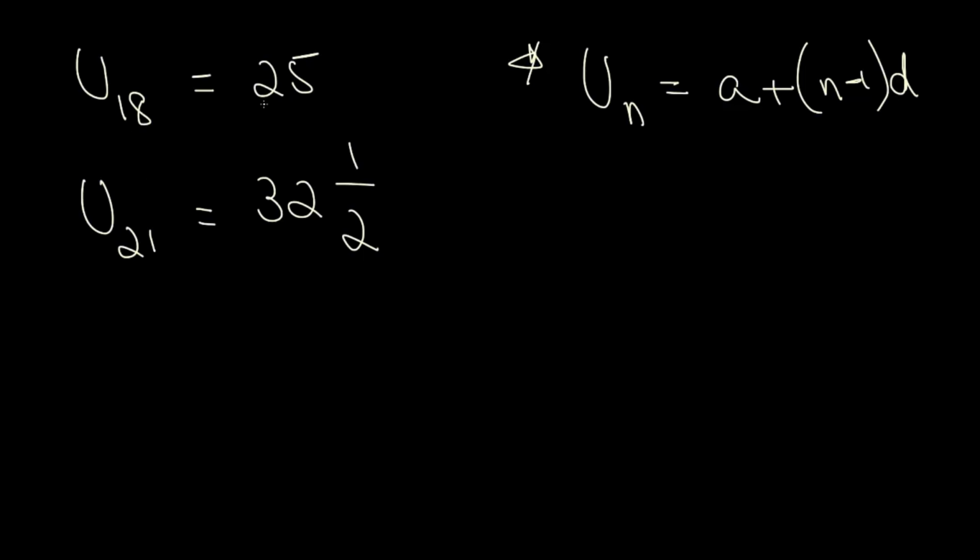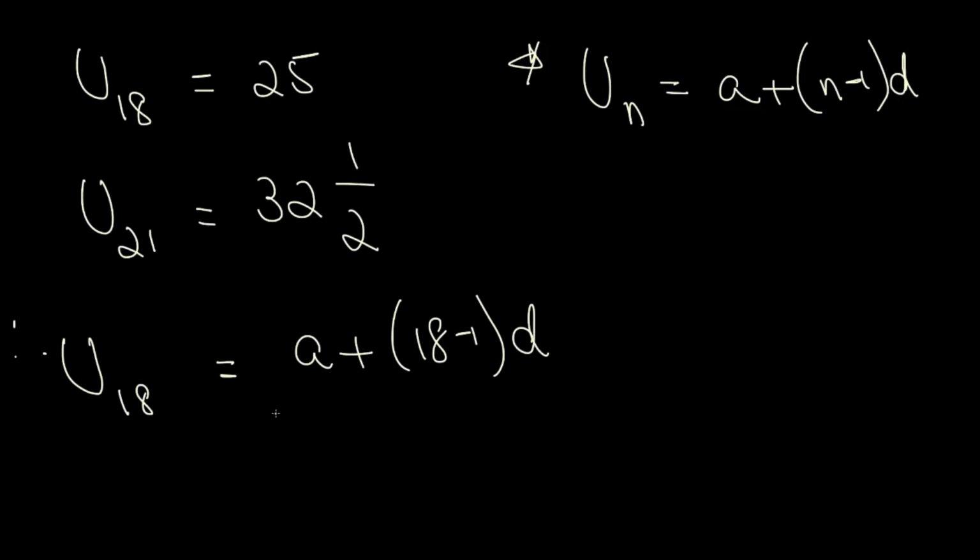So if the examiner has given you this information, then U18 can be written in this notation as A plus 18 minus 1 D. Therefore, that translates to A plus 17D.